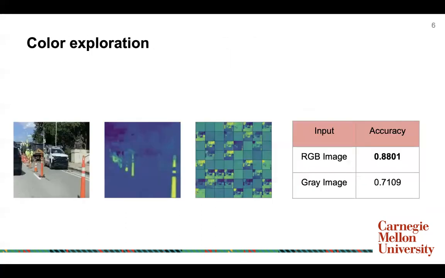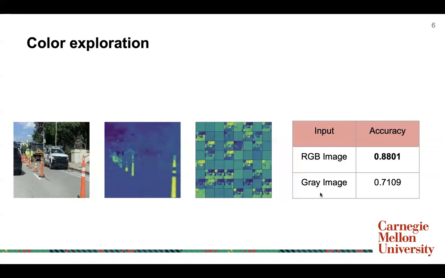Another thing we do is visualize the feature map of the model to see what the model is actually learning. Here on the left is an input image and one of the feature maps of our backbone, which is ResNet 101. We see that the color is quite important in the feature map; the orange color of the cone is pretty obvious.